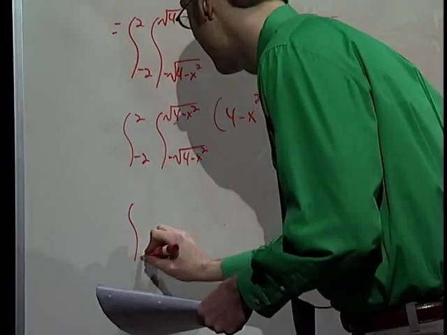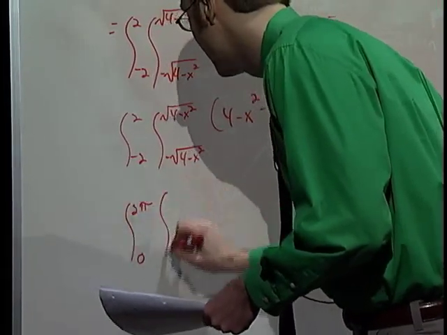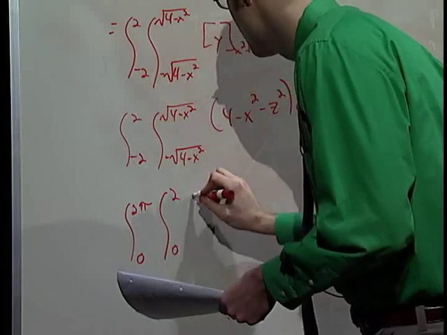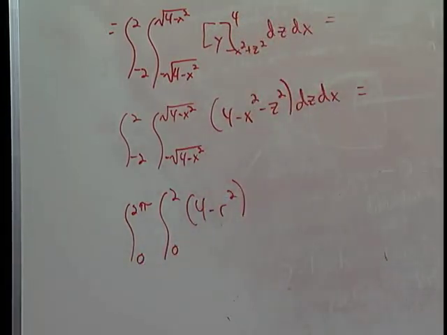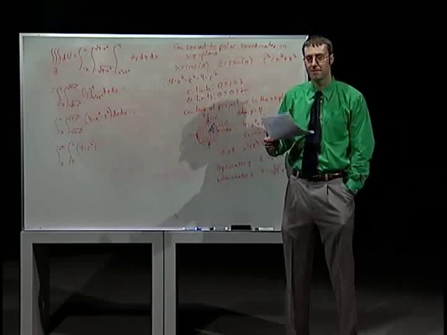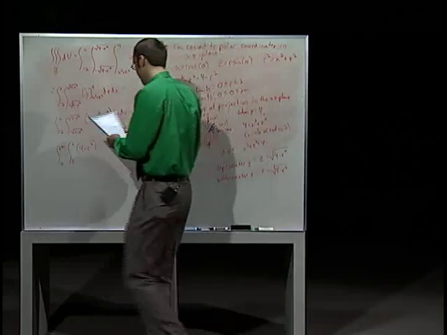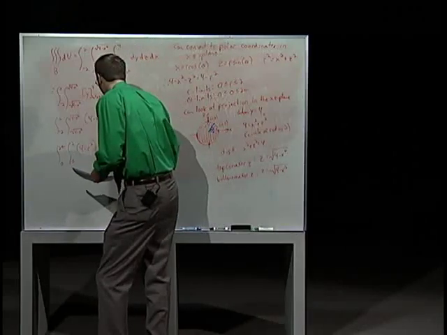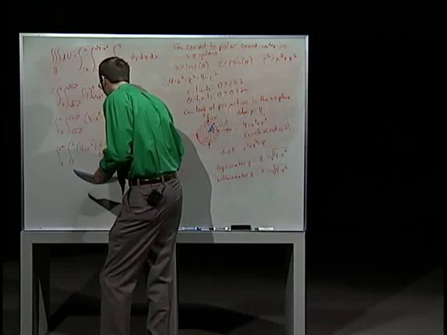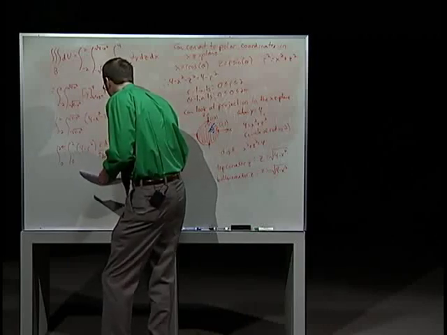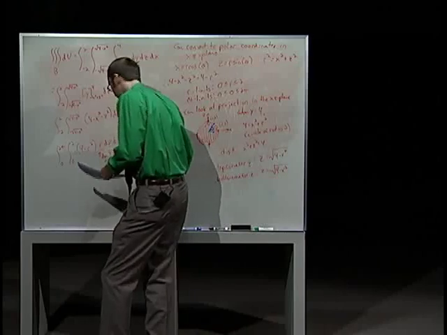So limits of theta are 0 to 2 pi, limits of r 0 to 2, and our function is now 4 minus r squared. The one thing to remember, though, is that when we integrate with respect to polar coordinates, it's always f of r, theta, dr d theta with an extra factor of r in the integrand, right? So this has got to be r dr d theta. So don't forget the extra r.